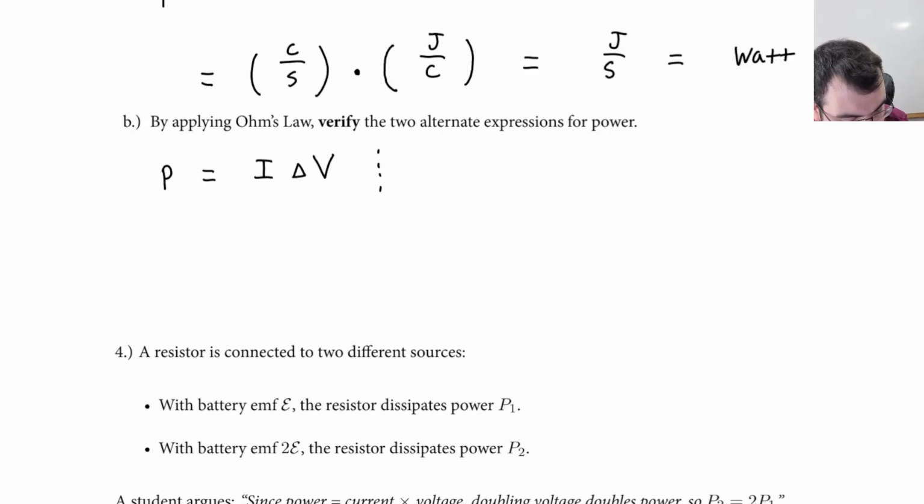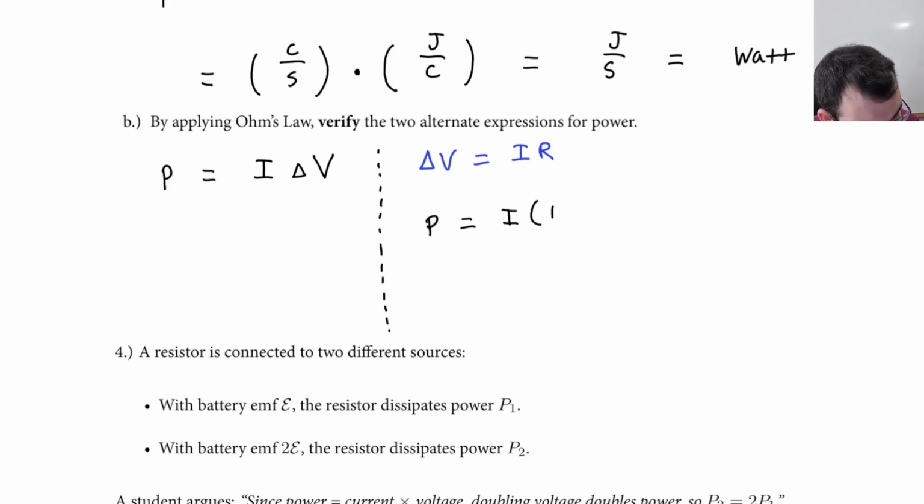Let's say first you want to use the substitution delta V equals IR. Then you can write power is equal to I times delta V, which is IR. So we get I times IR, which is I squared R. So there's one of them.